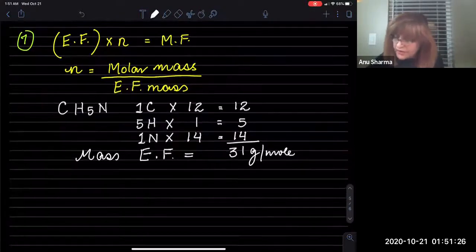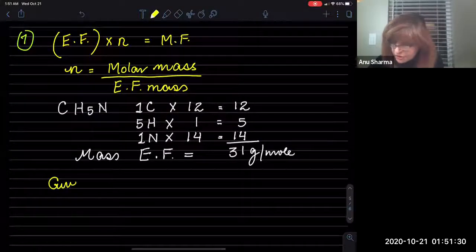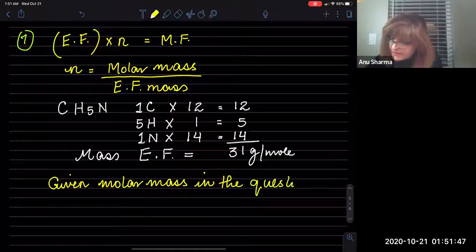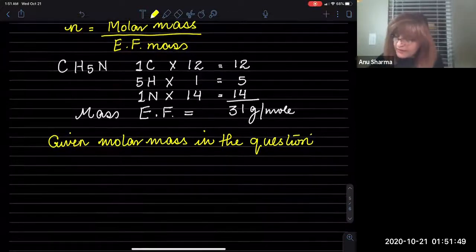Okay, but you are also given something. You're already given a molar mass in the question, and that is 31. That's already given to you, and that is also the same as the empirical formula mass, which is fine.